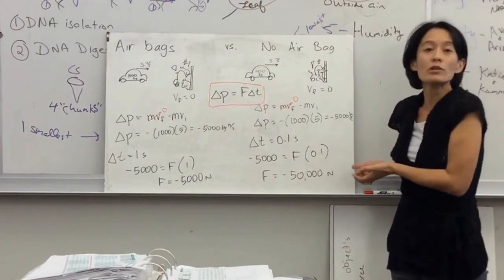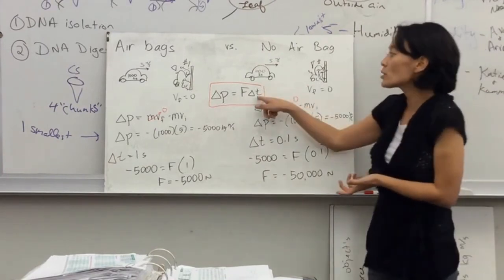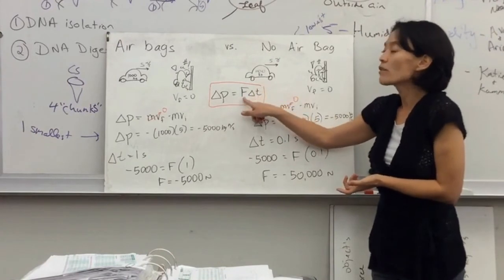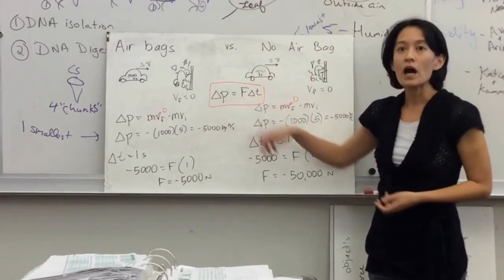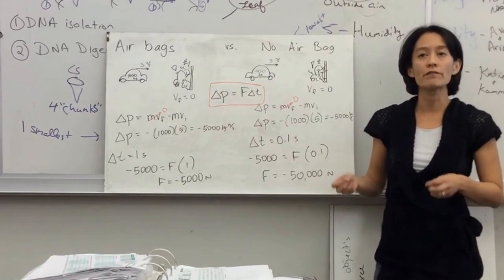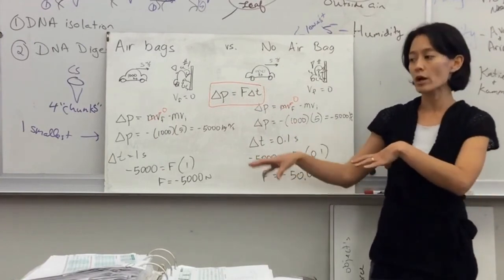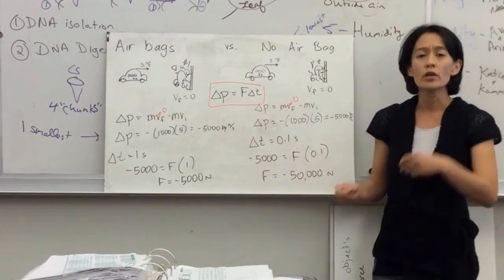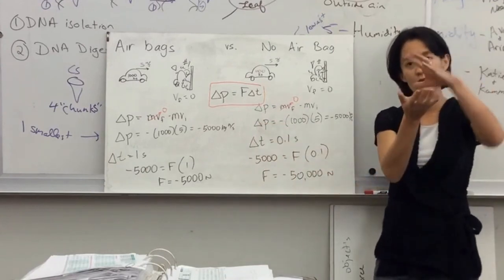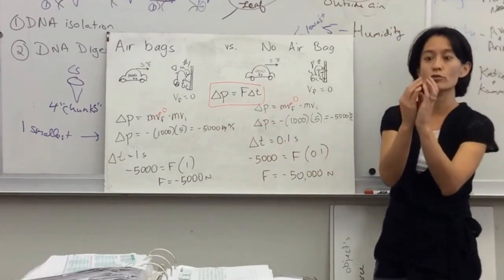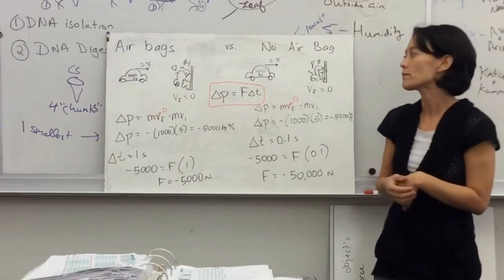So you increase the impact time, and if you increase this number, the force is going to decrease. The same can be said if you had an egg that dropped on grass versus an egg that dropped on concrete. With grass, there's more give, and the little grass blades fall down. You're going to have more impact time.